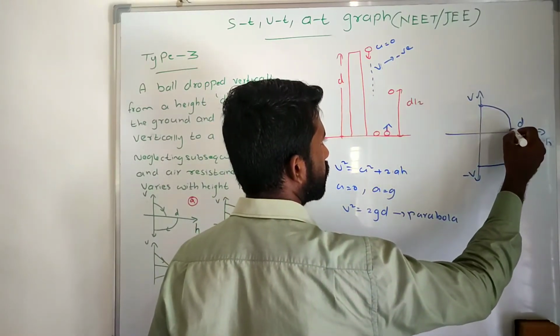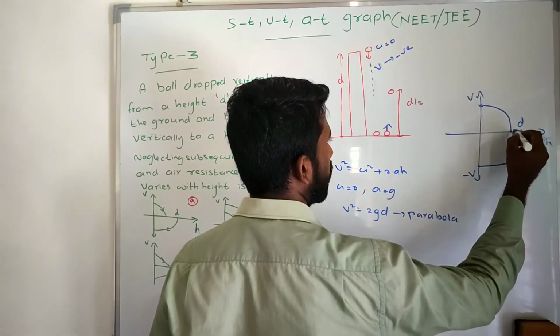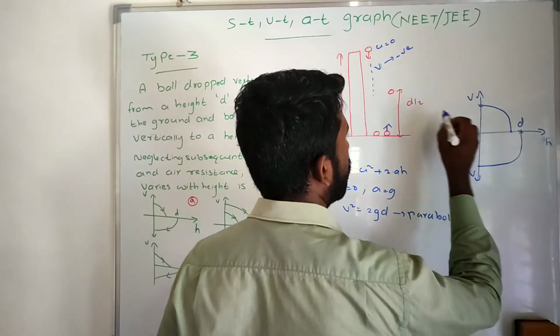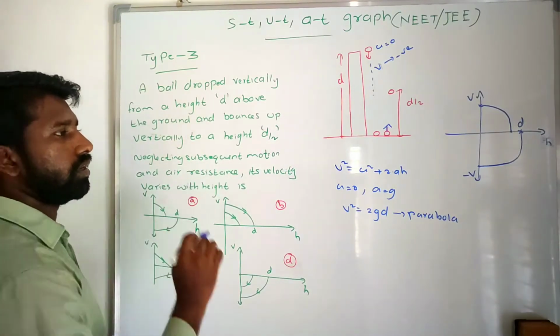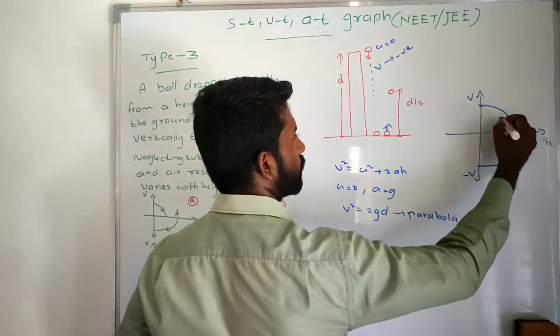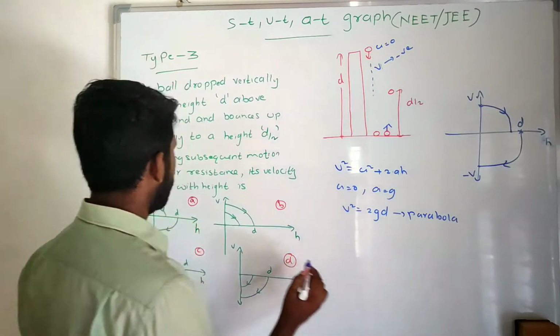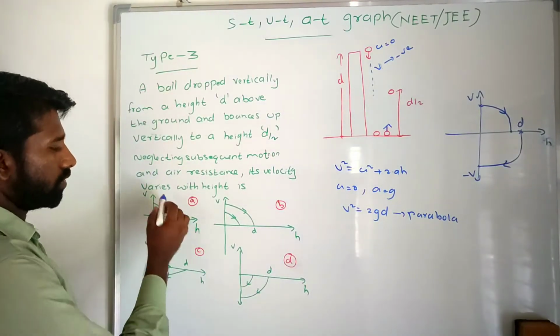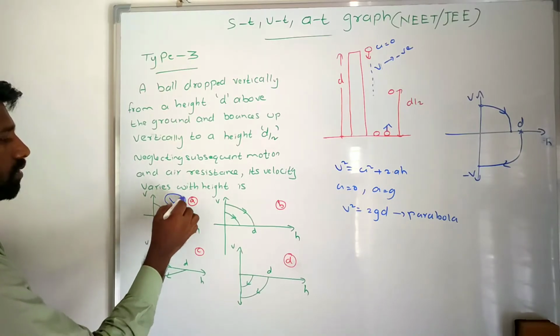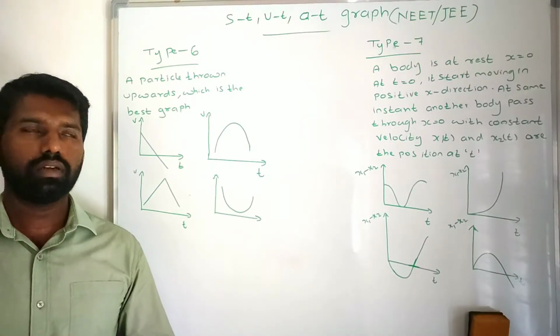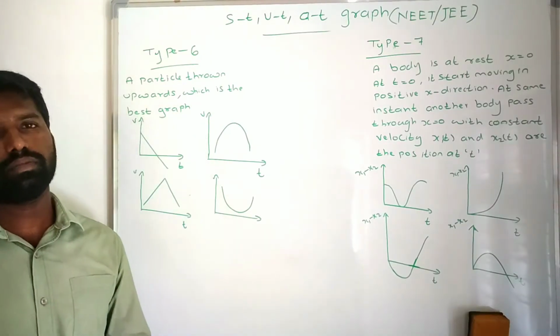When the velocity is 0, what about the distance? That is d by 2. So this is the best graph, and it is similar to option A. Clear? Now we will see type 6.